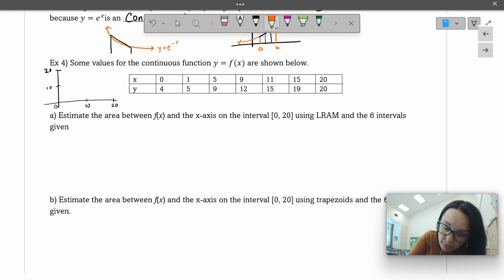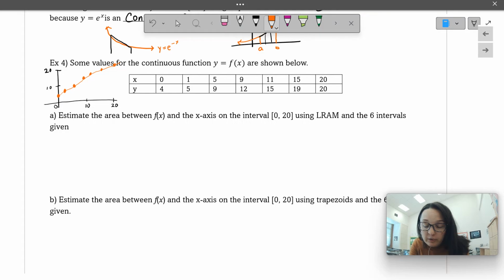And so if I plot some points here, (0, 4), (1, 5), (5, 9), (9, 12), (11, 15), (15, 19), and (20, 20). Okay, well, there's my graph.